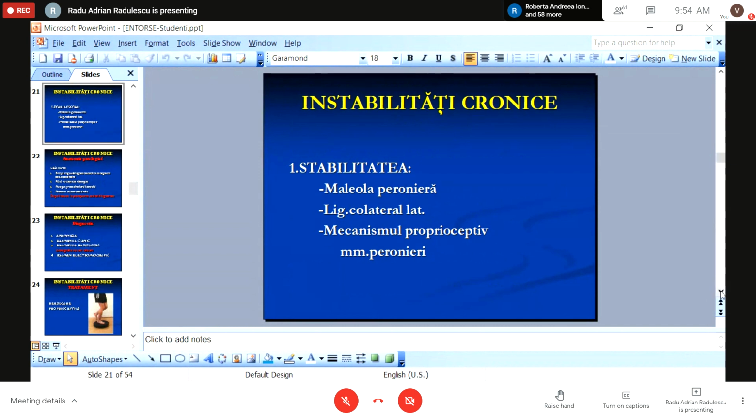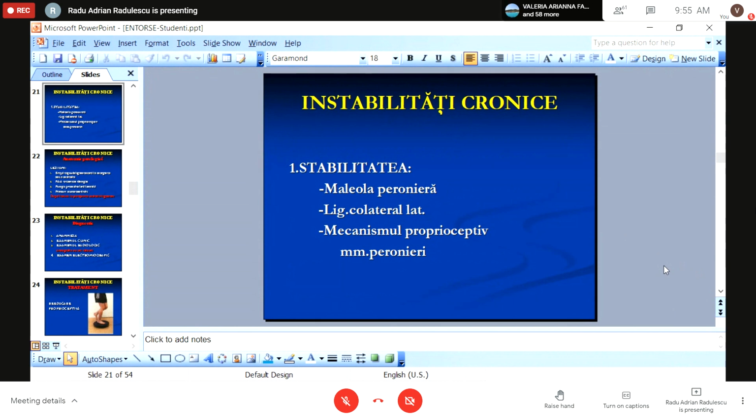Like I said, the most feared complication of the ankle sprain will be the chronic instability. That means that the patient will have sprains very easily. It's necessary only to walk, for example, let's say on a ground which is not flat, and it may get a sprain. I mean, the patient may get a sprain.